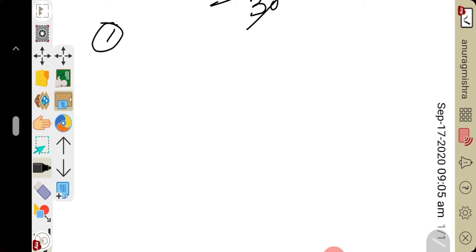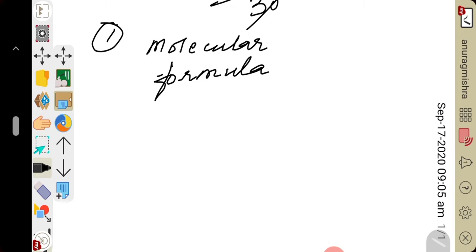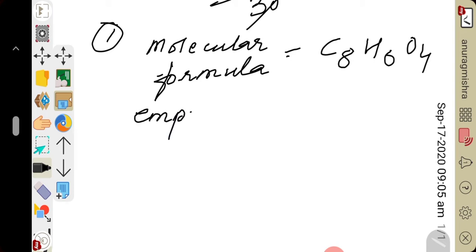In this numerical, the molecular formula is given. Molecular formula is C8H6O4, and empirical formula mass is given.